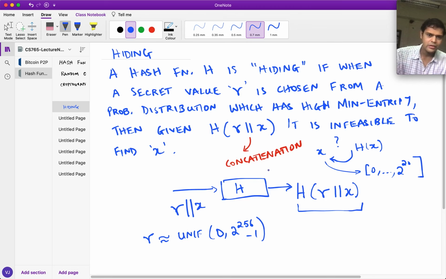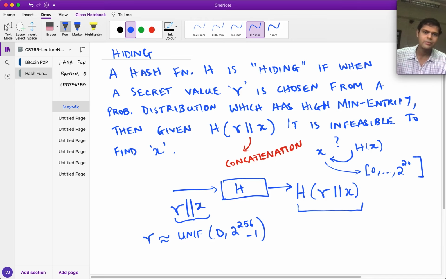Okay. So now the space of this R concatenated with x is extremely large. It's 256 bits plus 20 bits. So for somebody to guess what x is would be pretty much impossible, right? Because he can't really compute all the inputs in that particular space. Suppose, of course, the hash function was well designed and it had properties something like the random oracle.